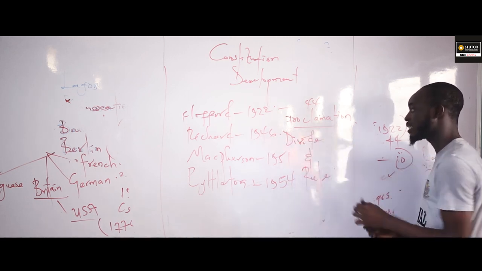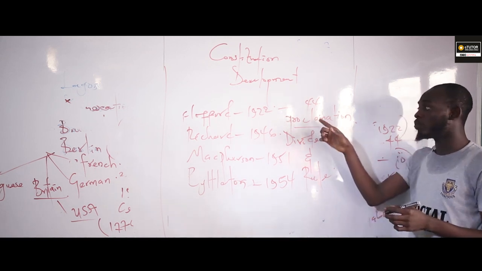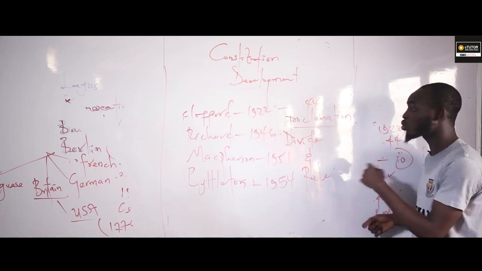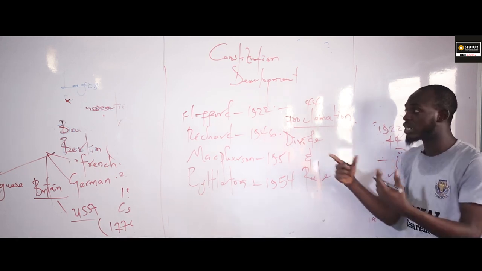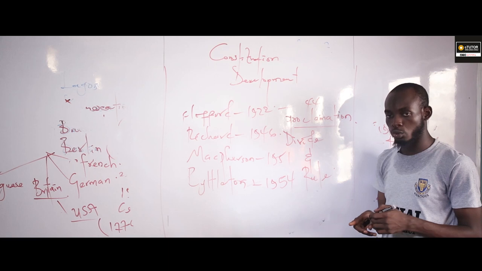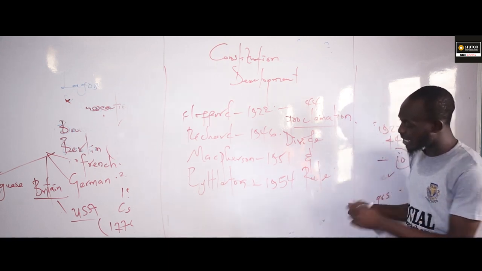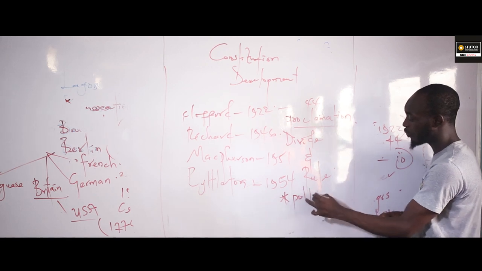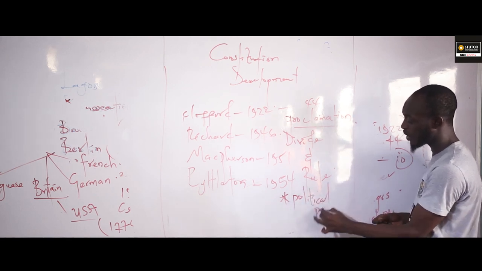We call it the process of proclamation or operation divide and rule, which was introduced by Lord Lugard. They also used it under the Clifford Constitution.